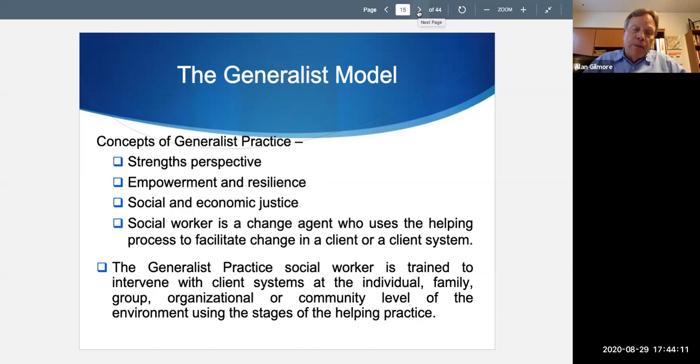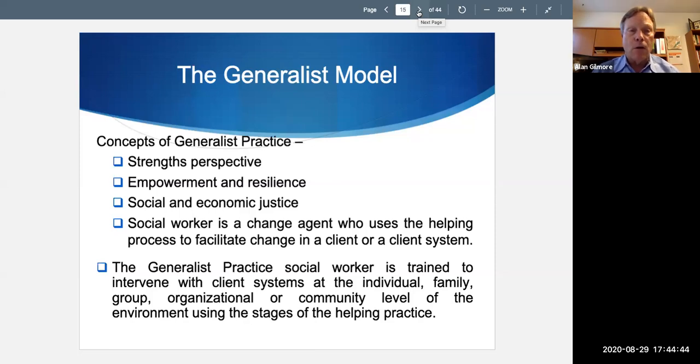So there are some pretty major components of what we consider under a generalist model, and they're listed here. Those include operating from a strengths perspective with clients, concepts around empowerment and resiliency, social and economic justice, which we've talked about before, and the social worker serving as a change agent who uses the helping process to facilitate change in a client or a client system.